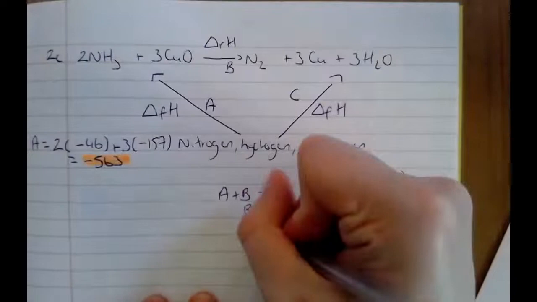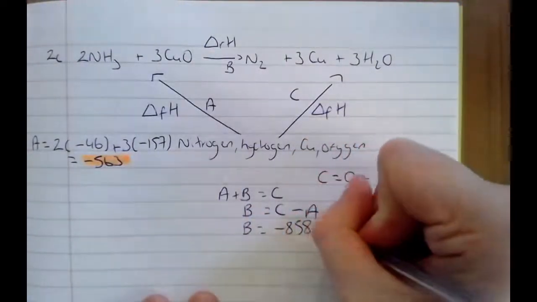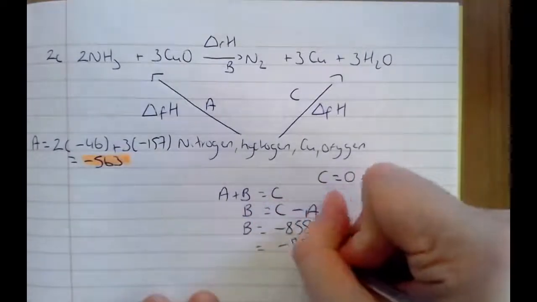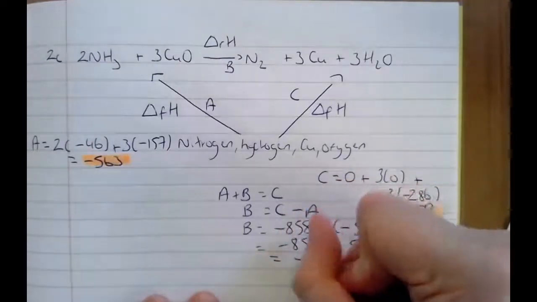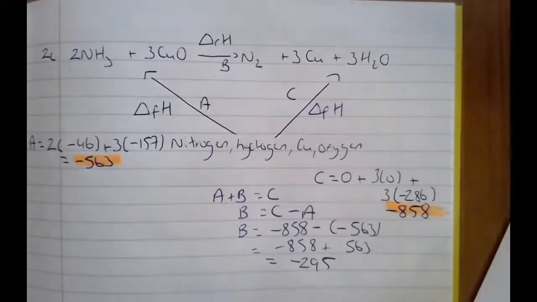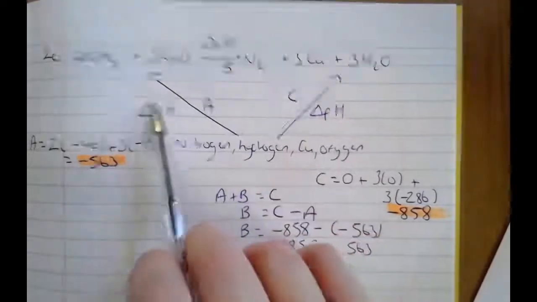Plug that back into my equation. B equals C, which is minus 858, minus A, which is minus 563. The minus gives me a plus, and I end up with a value of minus 295. And that tells me this is an exothermic reaction and heat energy is released. What you'll notice, if you look back over the three reactions that we've done, is that it was always this side minus this side.